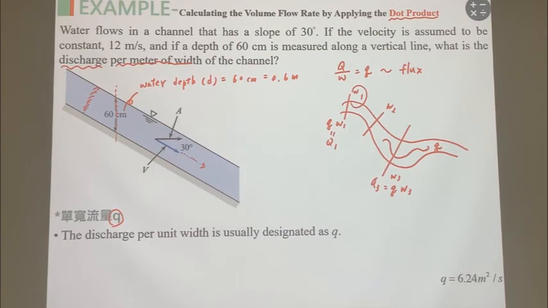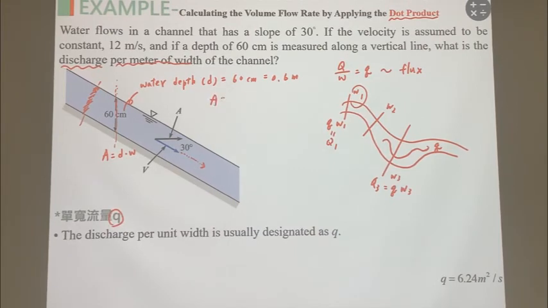Okay, so along this direction, we know the area. What is the area? The area is the depth multiplied by the width of the channel, right? But right now, what we want is the cross section along these directions. So we do the projection.